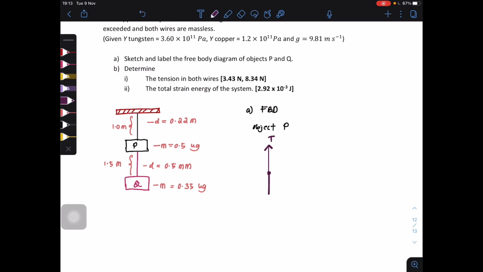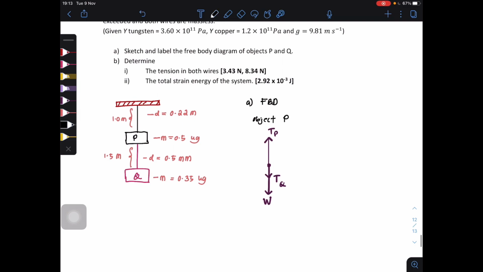So ke bawah dia akan ada weight force and also tension. So let's label this one TP, this one TQ. So ni adalah wire TP, maksudnya wire ni connected with the P, and this one TQ, so this wire is connected to the Q.